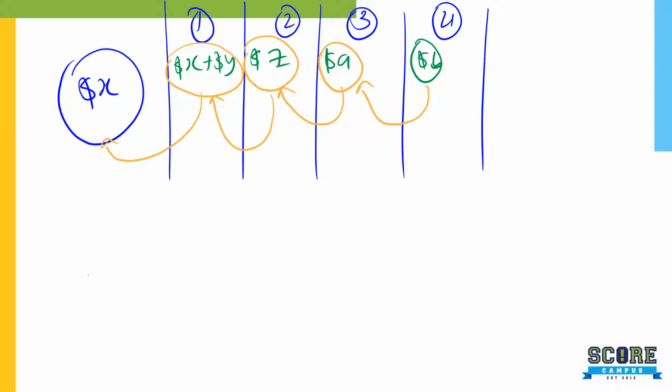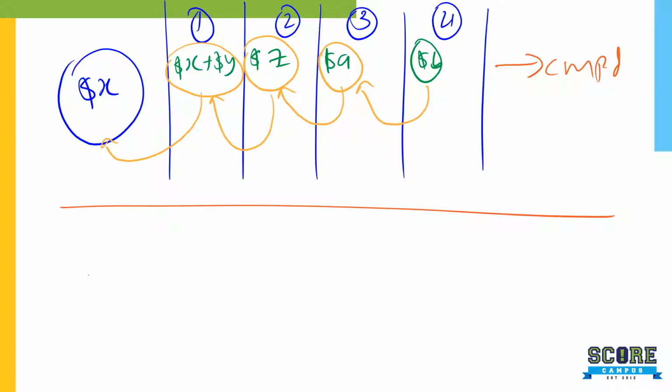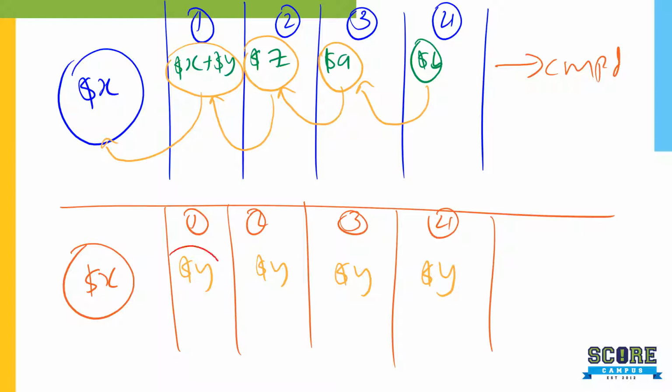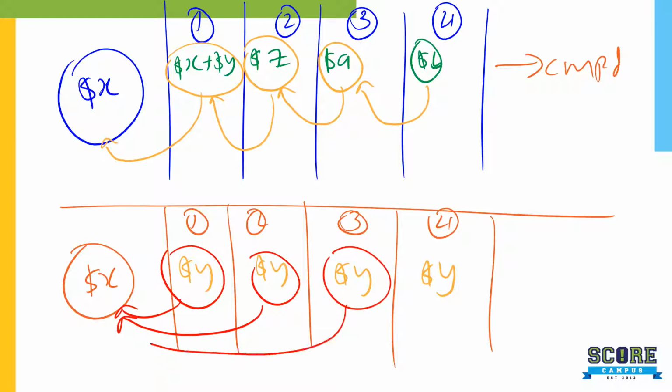This is compound, and then to compare, simple: X dollars, year 1, year 2, year 3, year 4, and this will be Y, Y, Y, Y, where it's all the same, and these are all based on the first year.